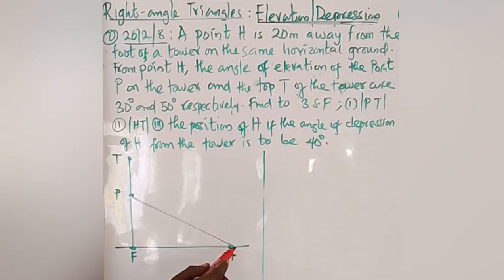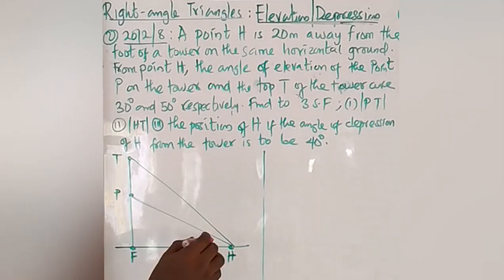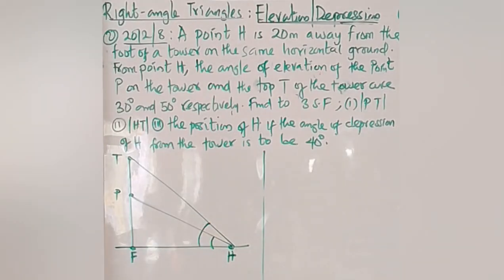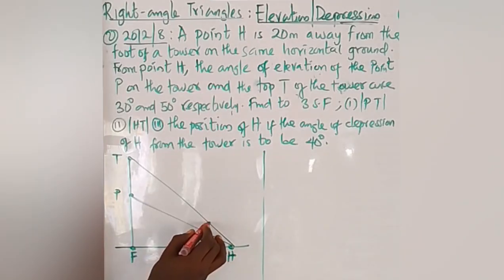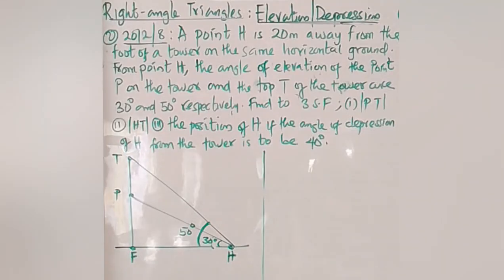This H is our reference point. The angles are 30 and 50 respectively. So it means this angle here is 30 degrees, and all of this angle here is 50 degrees. Find to 3 SF.